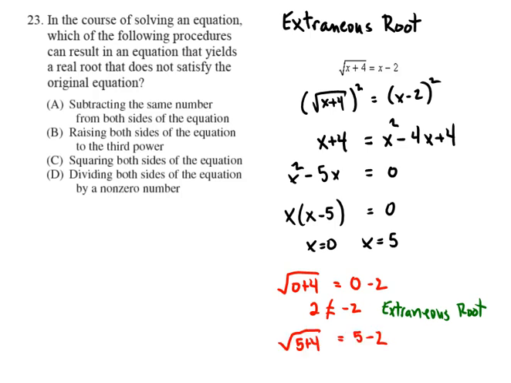Substituting x equals 5 into the original equation gives us 3 is equal to 3, and so that is a solution that satisfies the original equation. So the process of squaring both sides of an equation can result in a real root that does not satisfy the original equation. But this doesn't happen when we raise both sides of the equation to the third power.